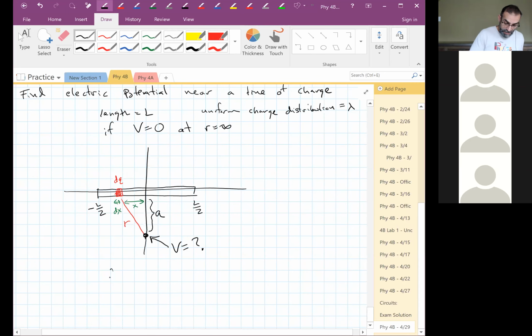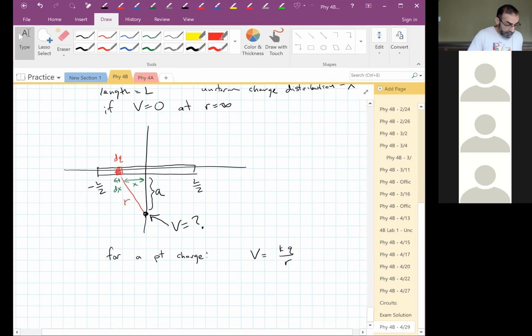So we say for a point charge, the electric potential is kq over r. So the potential due to dq is dv, k dq over r.